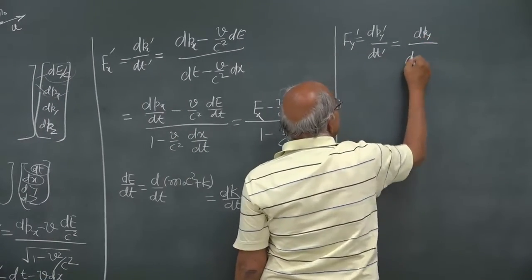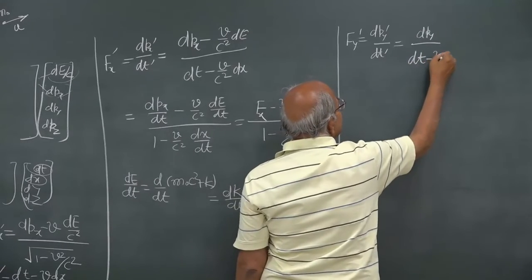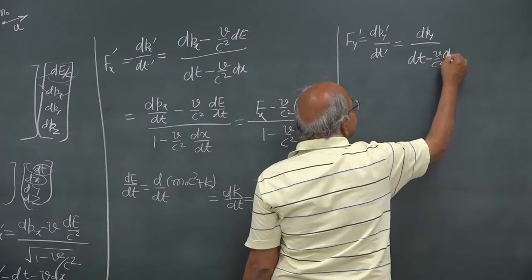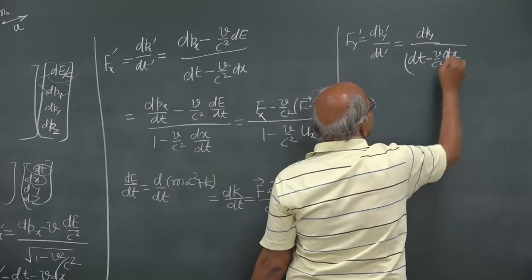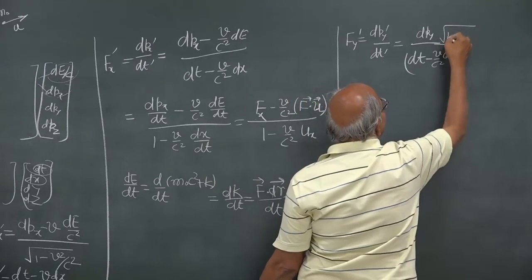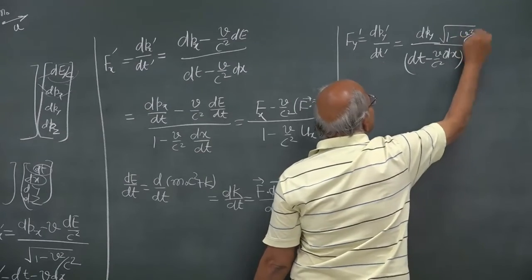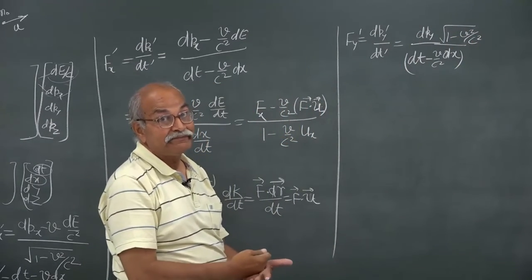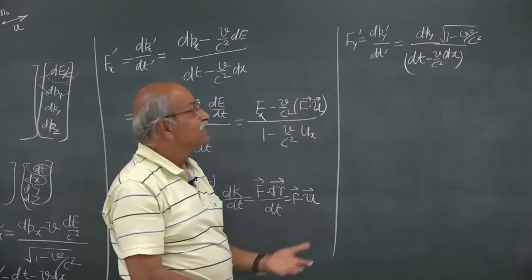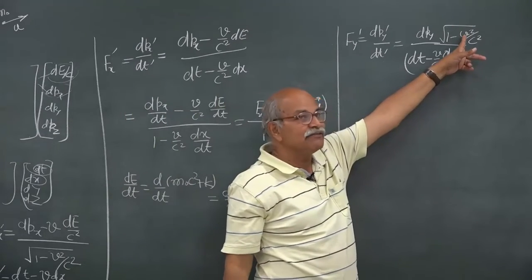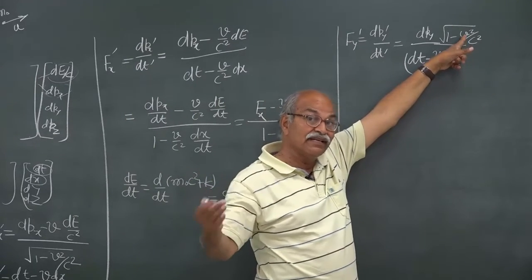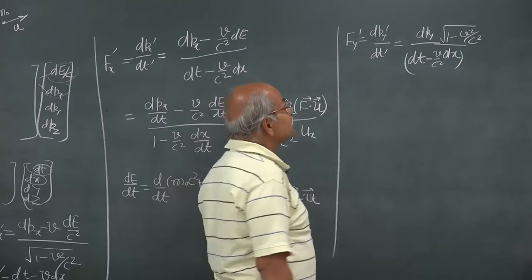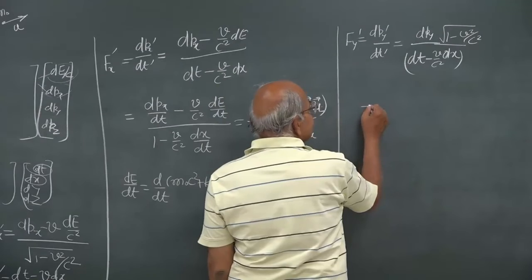And then dt prime is of course dt minus v by c square dx, divided by square root of 1 minus v square by c square. Remember, v is the frame velocity and u is the particle velocity in S frame. Make this difference: v is the frame velocity which comes in the Lorentz transformation, and u is the particle velocity in S frame. So, again divide by dt.